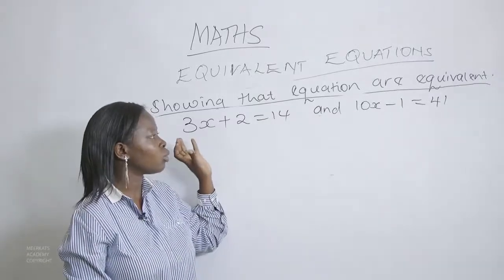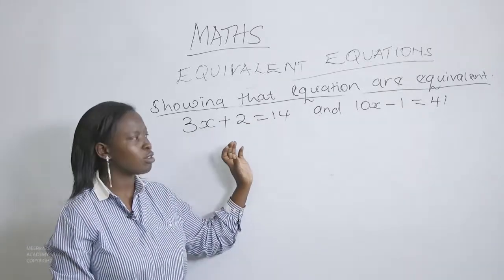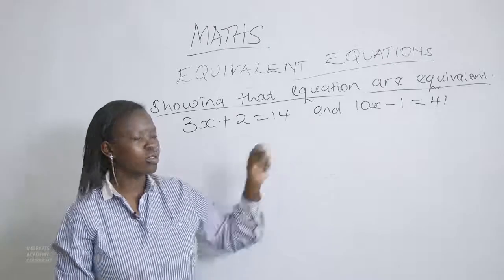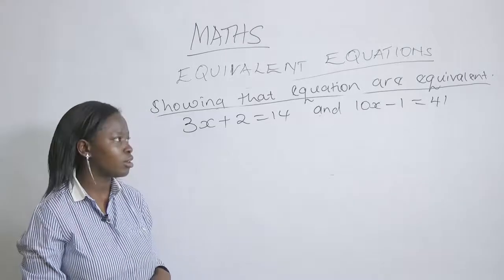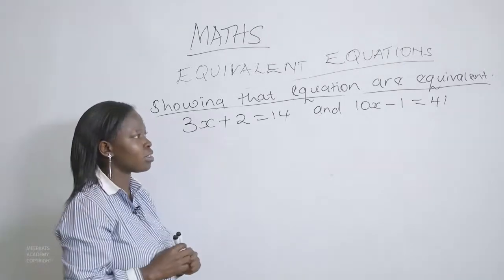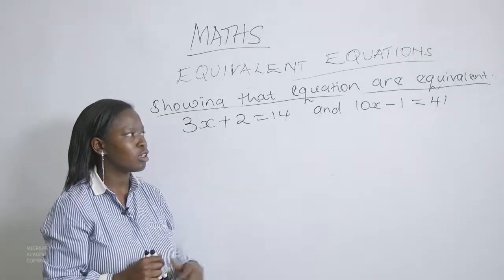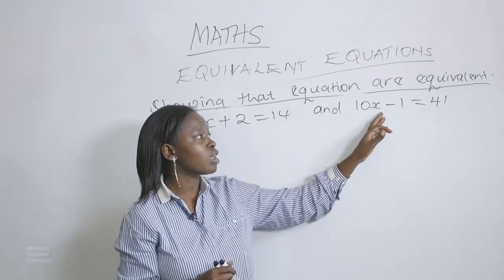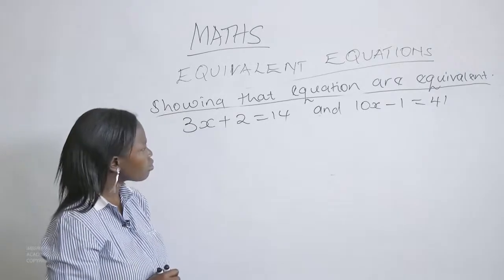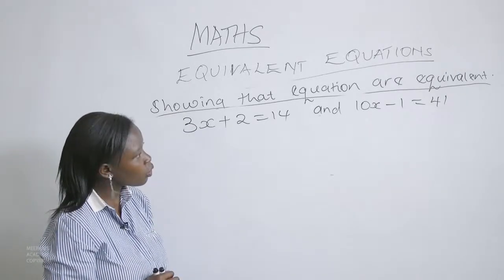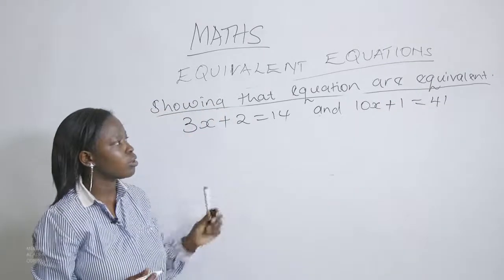But when you take various steps from a given equation, you discover that it is possible for two equations that appear totally different from one another to be equivalent. So what we have is 3x plus 2 is equal to 14, and the other equation is 10x minus 1 is equal to 41.